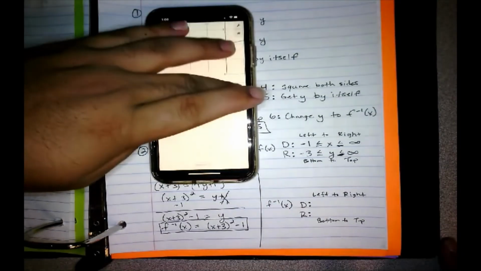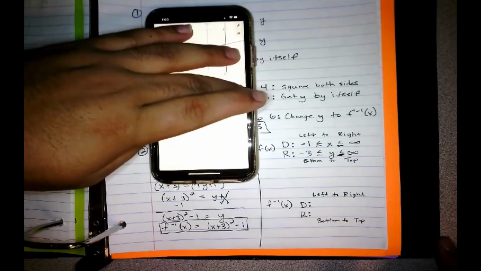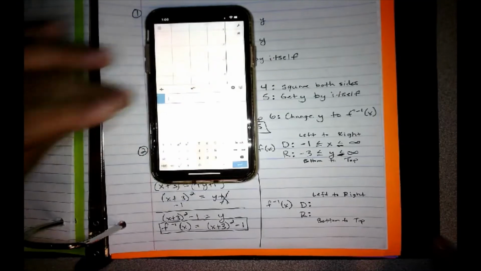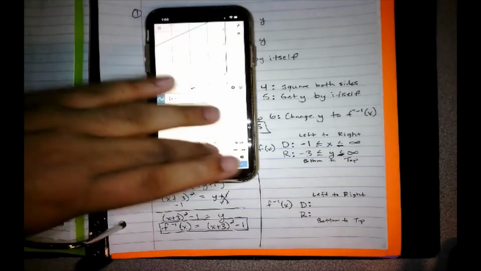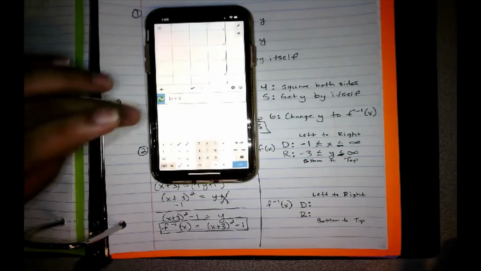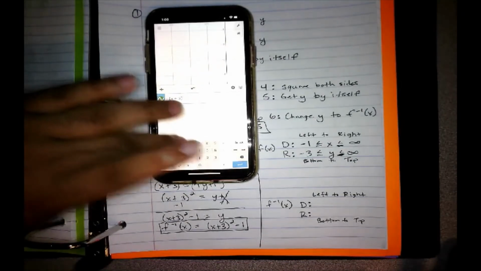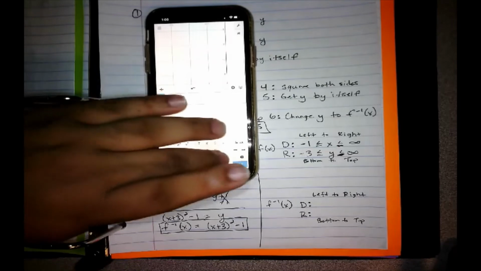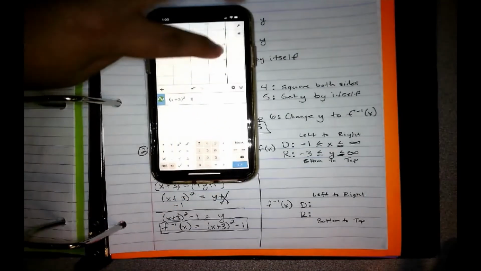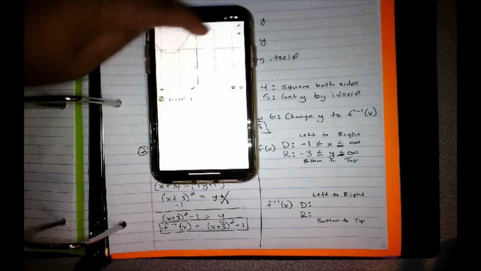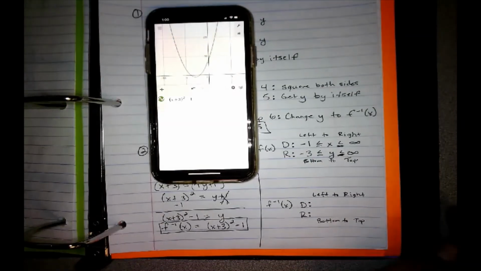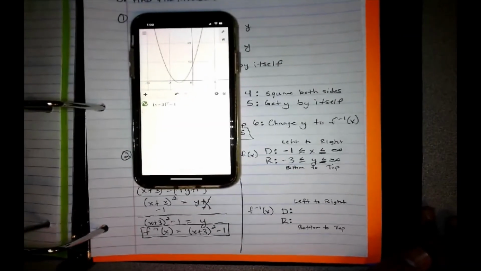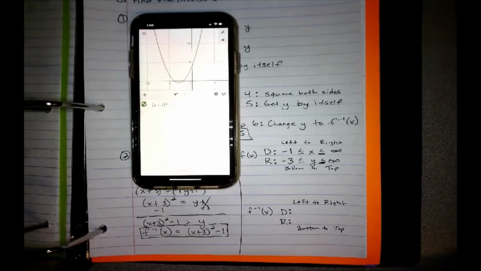Now I'm going to graph the inverse, x plus 3 squared minus 1, which is the inverse of the square root.